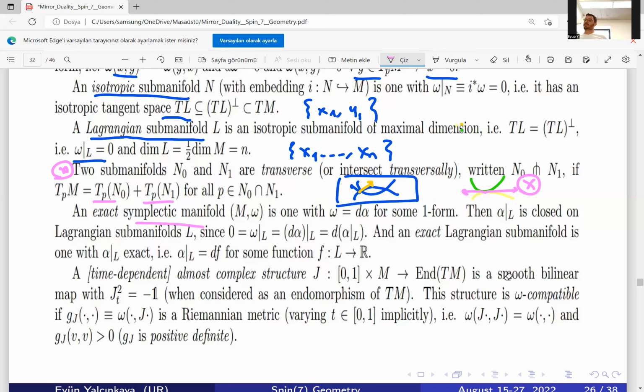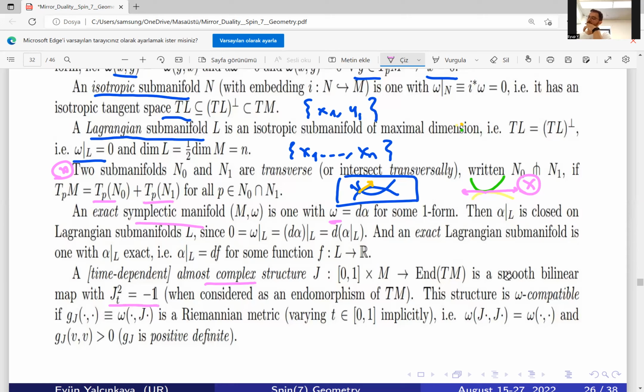And an exact symplectic manifold is one where, if you define omega equal to d alpha, we can say that it's exact symplectic, and the closedness is written here. And the almost complex structure we gave before: if you define the endomorphism J, and this endomorphism satisfies J squared equal to minus identity, this is the almost complex structure.